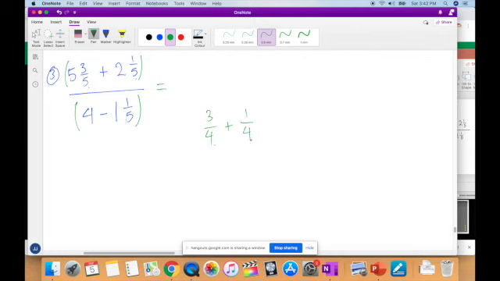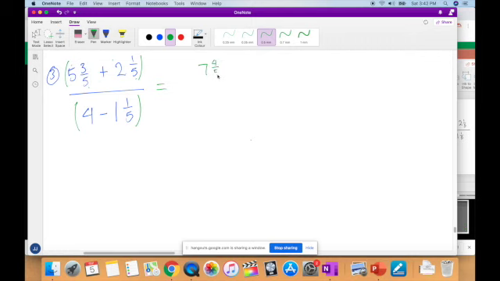You don't have to do any of the LCM business. Once it has the same denominator, you could just keep it over 4. And you could go 3 plus 1 is 4, right? So it's the same thing here. Because they have the same denominators, I could just literally add my whole numbers. 5 and 2 is 7, and then add the 3/5 to the 1/5 to give me 4/5.